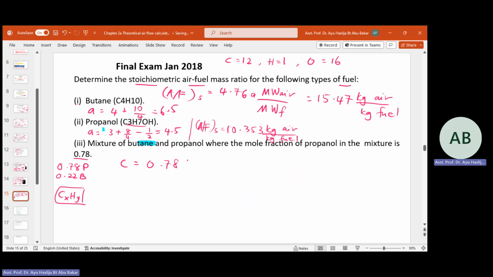So dia ada 3 carbon, plus 0.22 daripada butane, dia ada 4 carbon. Okay, so kita akan dapat total C kat sini.